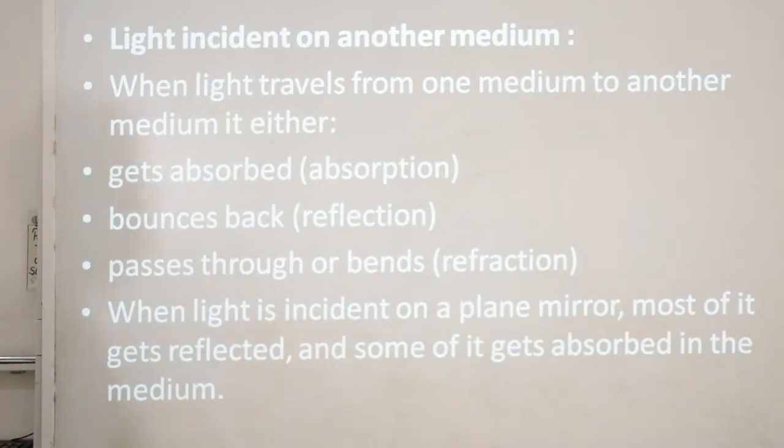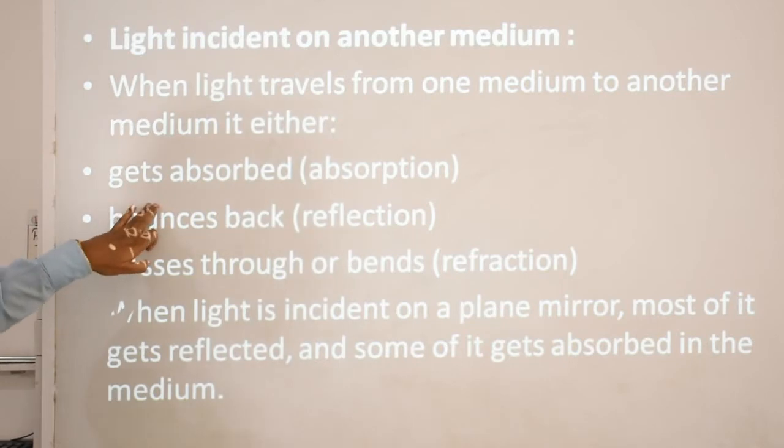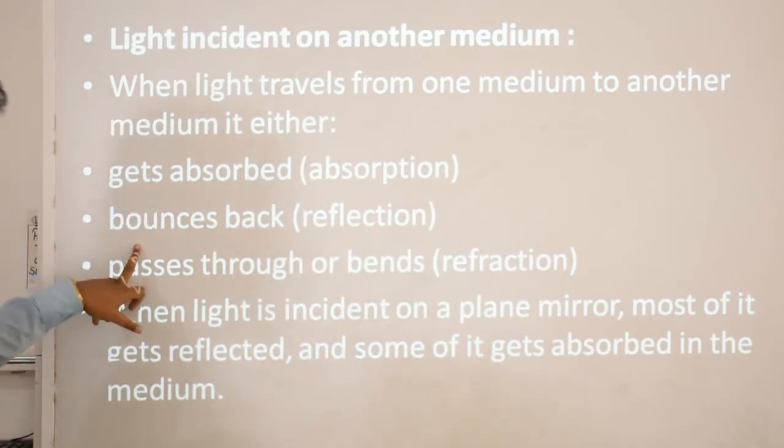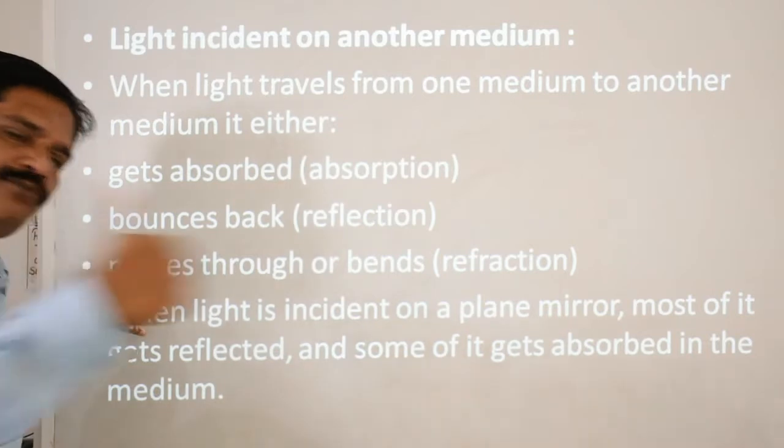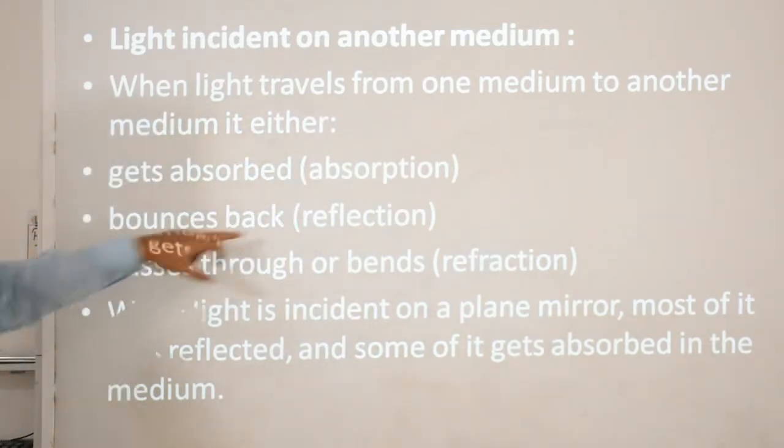Now here we are going to discuss what happens when light is incident on another medium. There are three possibilities. One, either it will be absorbed completely. Second, if that surface is quite shiny in nature, then it bounces back. That is the reflection.